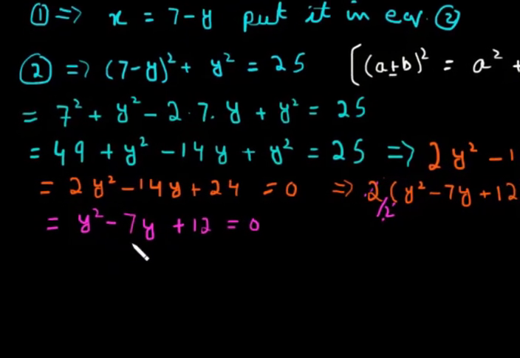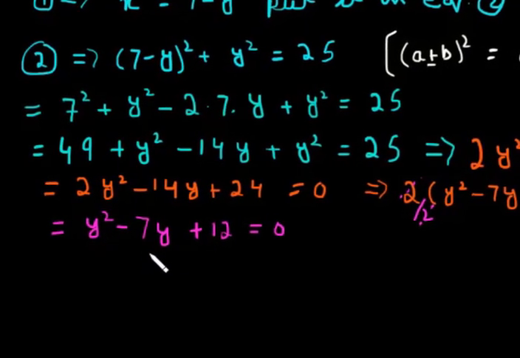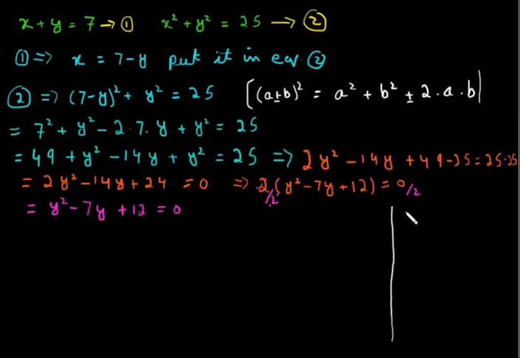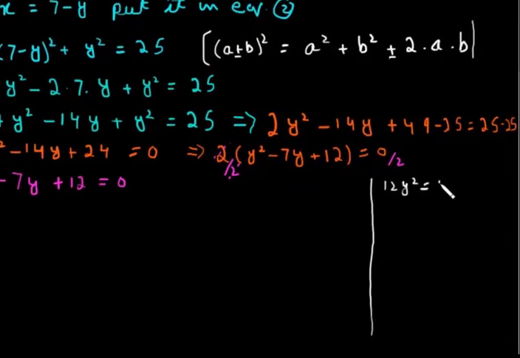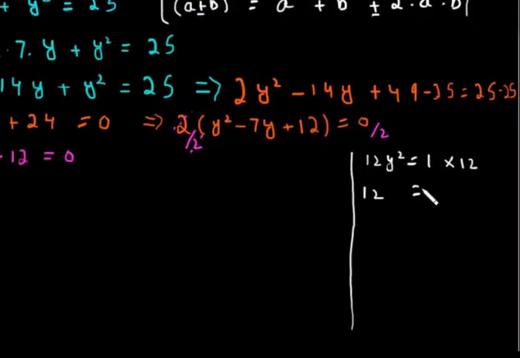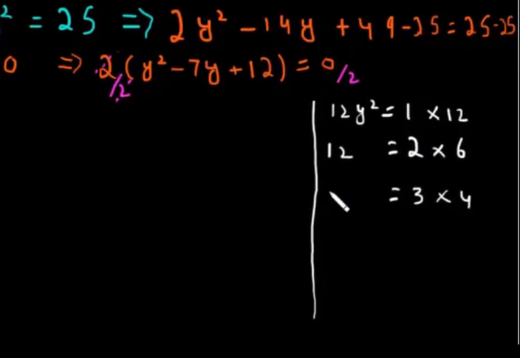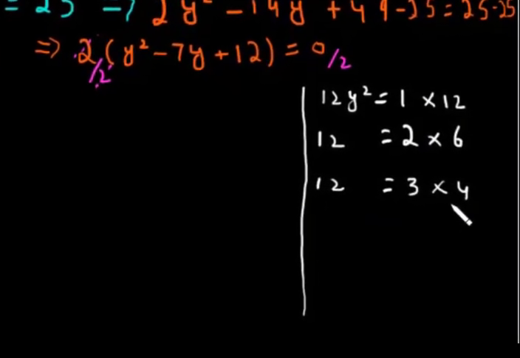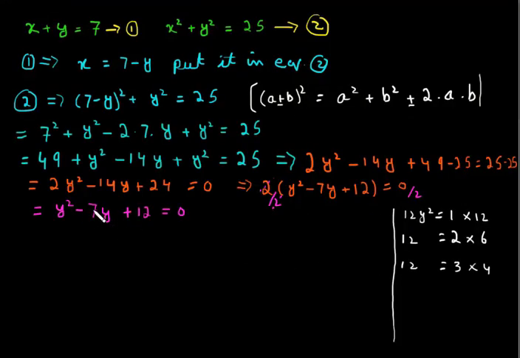To factorize this equation, I will multiply this 12 with y squared. Now I will make factors of this 12. I will get 1 into 12, another will be 2 into 6, and 3 times 4 is also going to give us 12. I will select the pair whose negative sum is equal to minus 7 according to this equation.